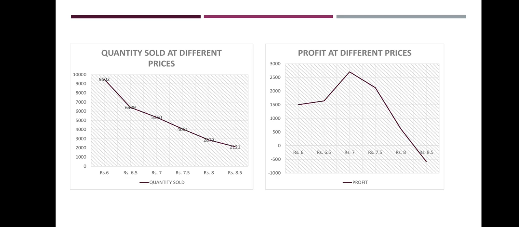At 6.5 it was a little bit more, but when it was charged at rupees 7, the profits were more than 2,500. Later it went on decreasing as the price went on increasing. So a retailer can fix the price at rupees 7, where the quantity sold is also almost high, and where he is going to earn more profits.